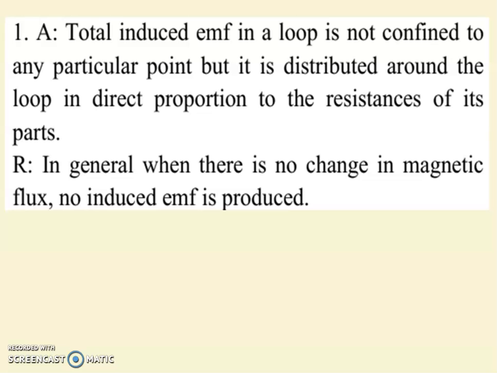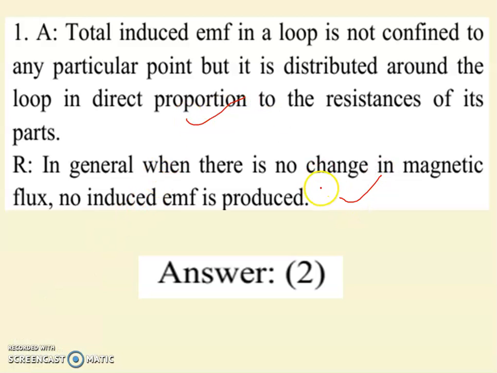Now both the statements are correct, but the reasoning is not giving the correct explanation of the assertion. The assertion is correct, the reasoning is correct, but the reasoning has no relation with the assertion. So option B or option 2 is correct, right?